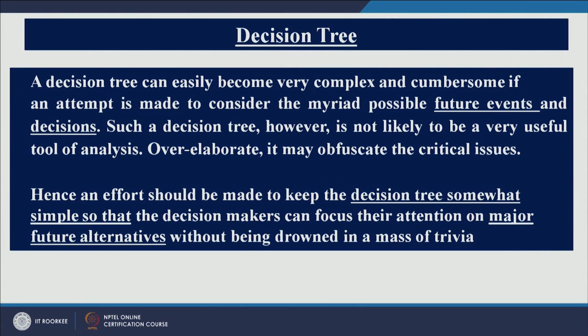Now, a decision tree should be as simple as possible. If you make a complex decision tree, then it would be very difficult to infer easily. So, it is always suggested that you go for a simpler decision tree, because you can always prepare a complex one by coming up with several alternatives and assigning different probabilities to them.